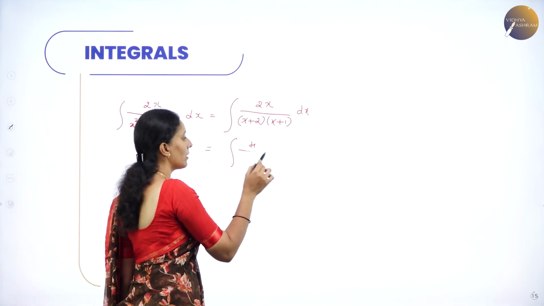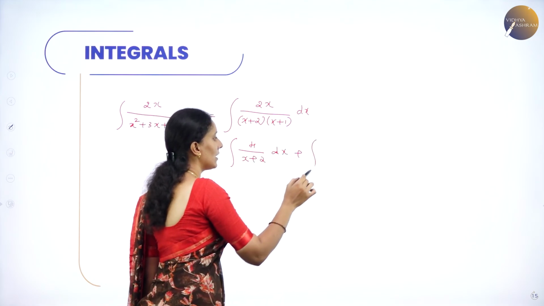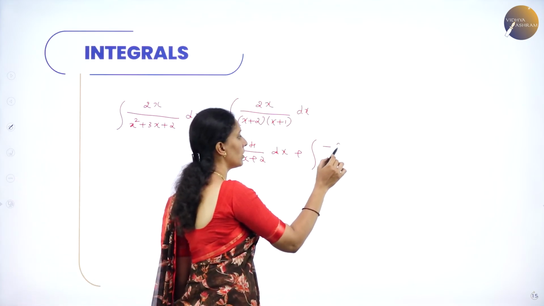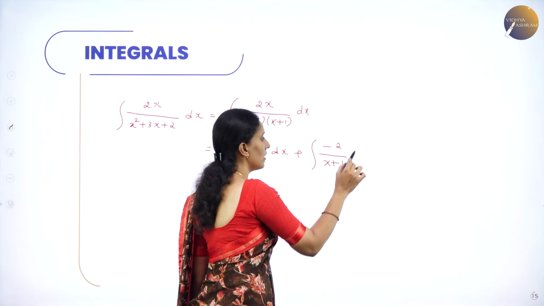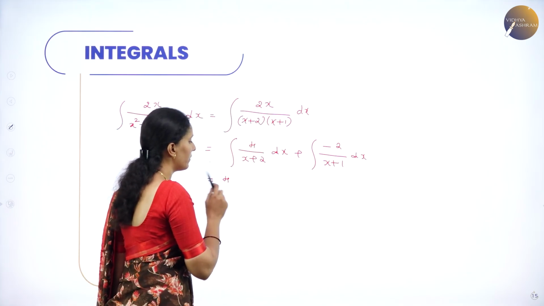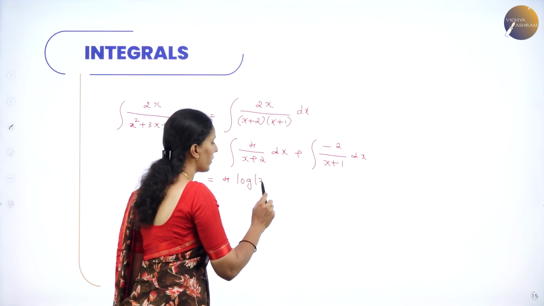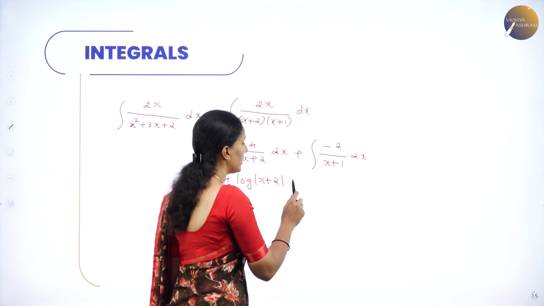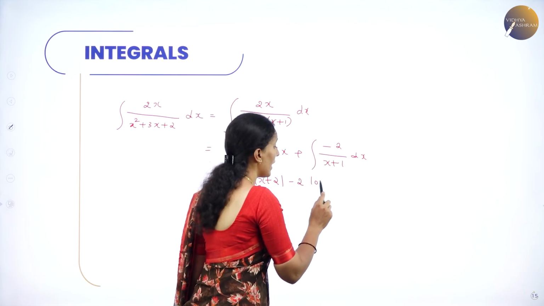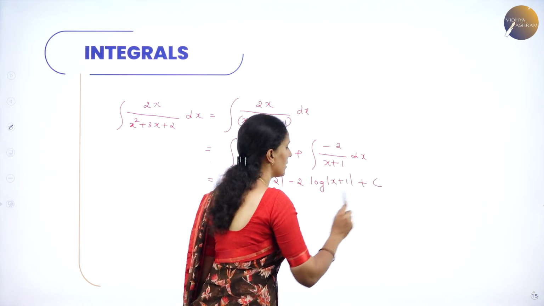So 4 divided by x plus 2 dx plus the integral of b by x plus 1, which is minus 2 divided by x plus 1 dx. So take 4 as a constant outside the function. Integral of 1 over x plus 2 becomes log of x plus 2. And here take minus 2 constant outside. Integral of 1 over x plus 1 is log of x plus 1, plus the integration constant.